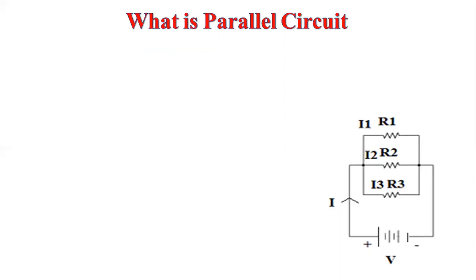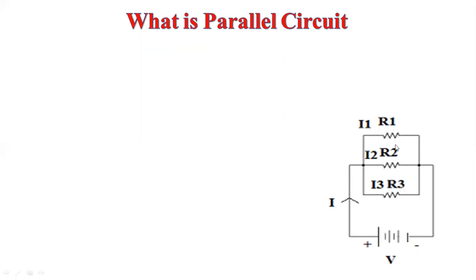Now our second topic is what is a parallel circuit. Okay, as you see in the diagram, we have three resistances. If we want to connect these three resistances in parallel, how do we connect them? What is the methodology for this?